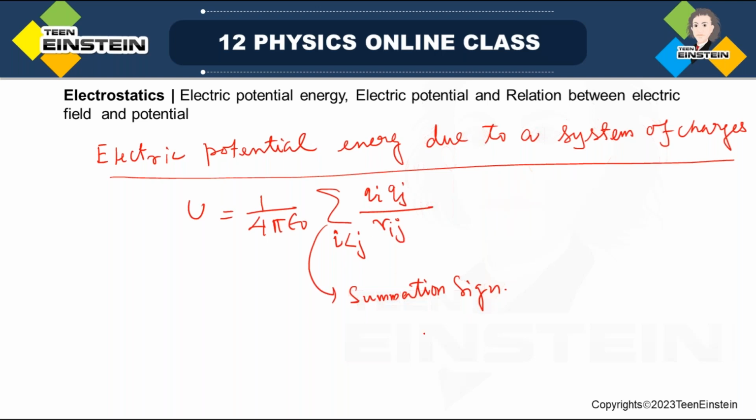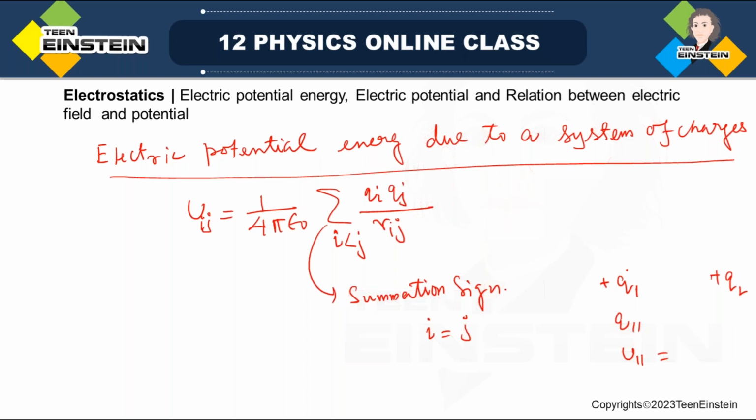See, if I just take i and j equal, then what happens? Suppose I have two charges, Q1 and Q2. If I write U11, that means the interaction between the charge and itself.